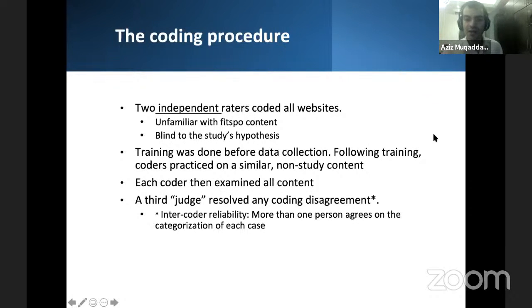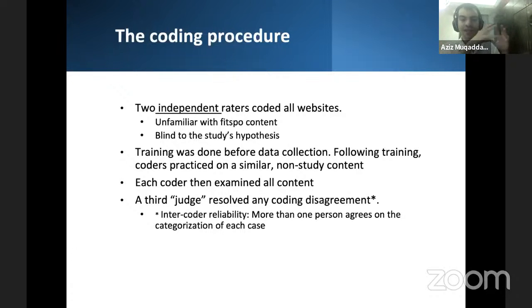So there were 2 independent coders that coded all of the websites' 510 images. They were unfamiliar with Facebook content and blind to the study hypothesis. So in other words, they didn't have anything to prove themselves, and they were new to this type of content, right?